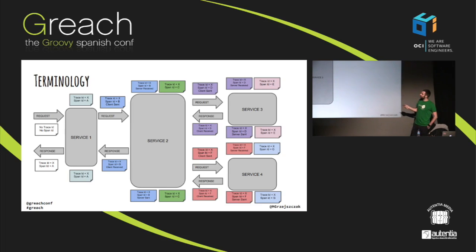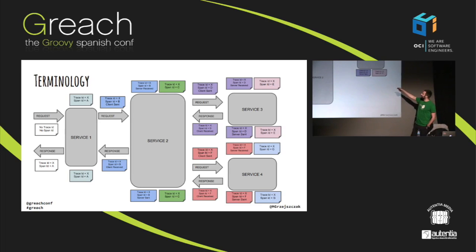Because we need to be sure that not only this guy sent a message and he got it, but that there are proper entries on the structure. Now let's assume that we're moving forward, please. If there's some logic done in service 2, another span is created, and so on and so forth. And now let's go back, right? At some point we have to receive a response.